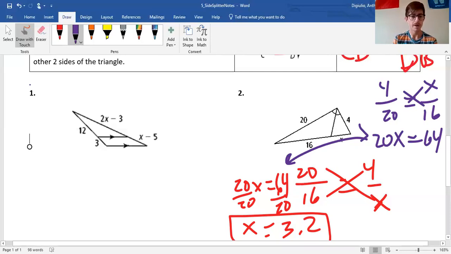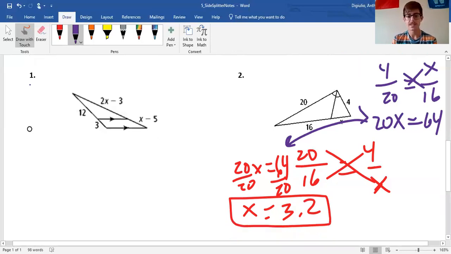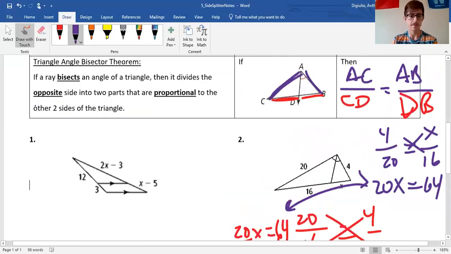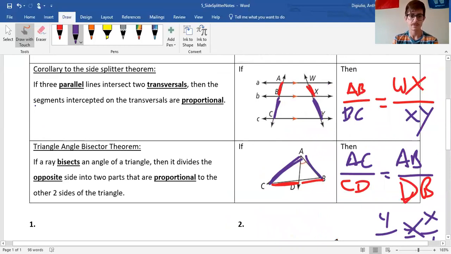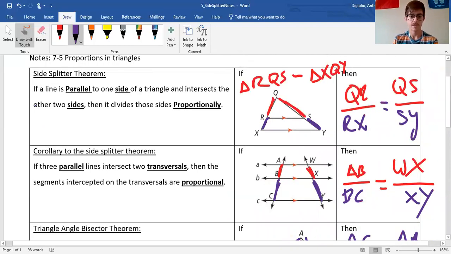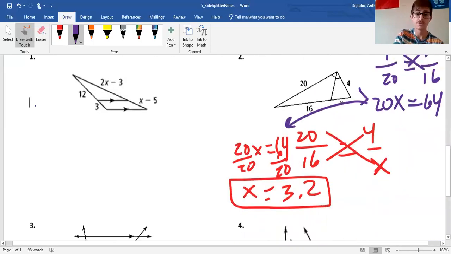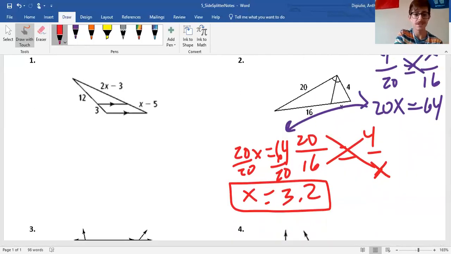In problem number 1, again, same situation. In this case, we don't quite have the angle bisector theorem, but if we go back up, we have our side splitter theorem. So since we have our side splitter theorem, I'm going to do just what I did before. I'm already looking at this and I see that I pretty much have my proportion set up.